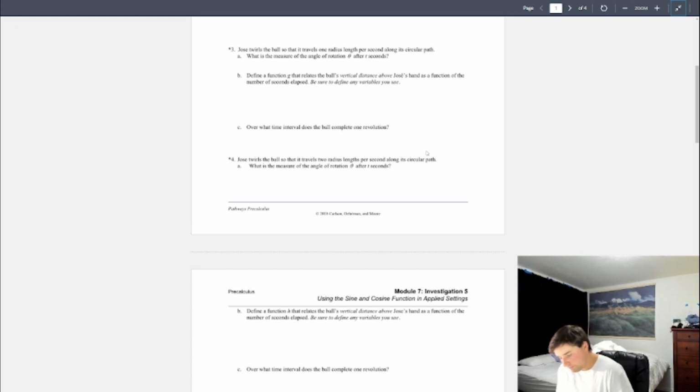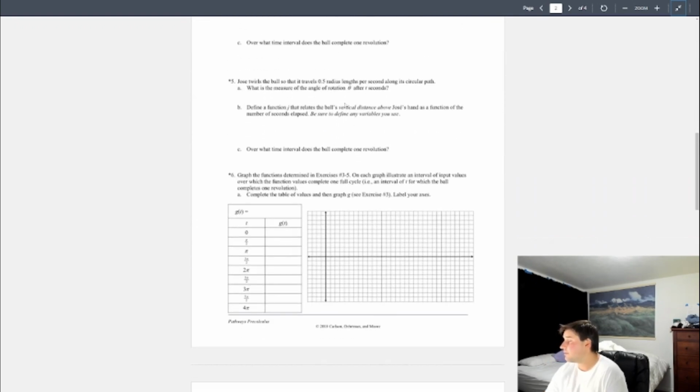Yeah. Okay. Jose controls the ball so that it travels 0.5 radius lengths per second along its circular path. What is the measure of the angle of rotation? Theta equals 0.5 RL per second times t seconds, defining j of t equals sine of 0.5t.